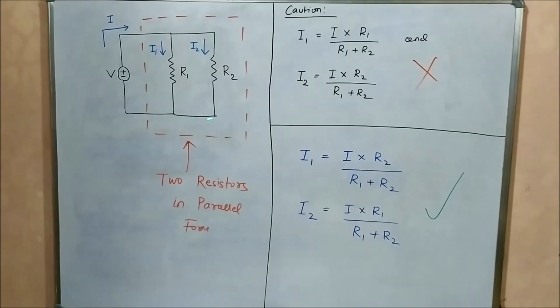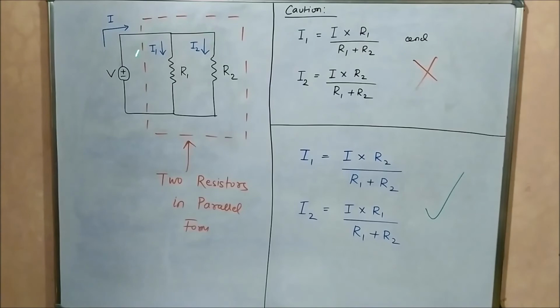So whenever you apply the current division rule in any complicated circuit involving many resistors, always try to reduce the circuit by calculating the equivalent resistance reduction method. Reduce the circuit, bring it into the form of two resistors connected in parallel, and then you can easily find the current flowing through each of the two resistors, and subsequently the individual branch currents.